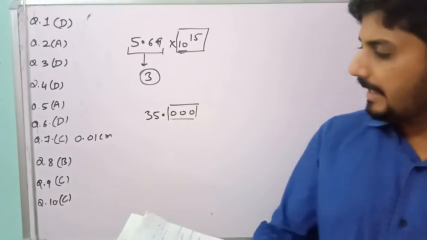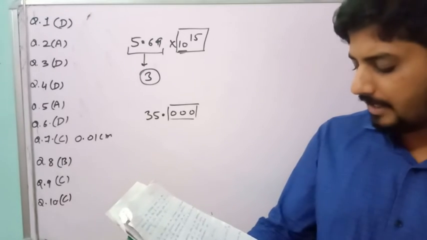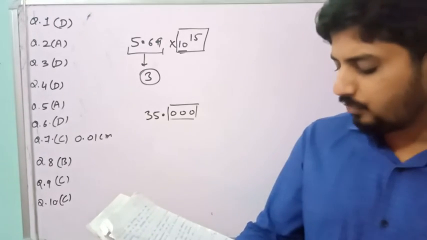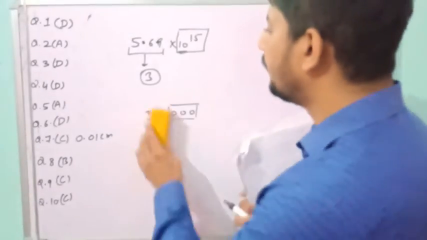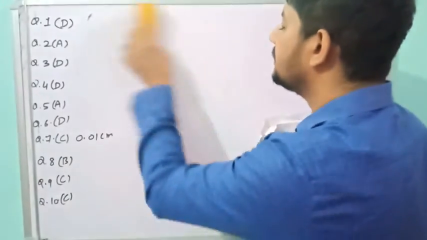Question number 11 is: which of the following figures has 4 significant figures? You have to identify out of the 4 options which has 4 significant figures.